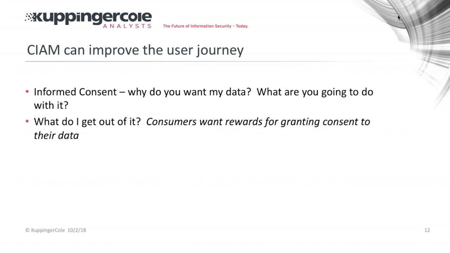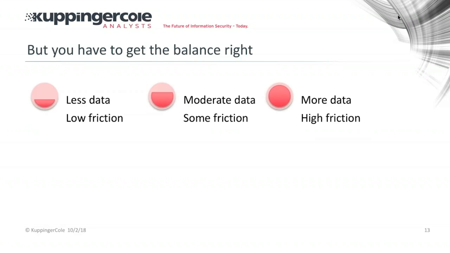This can be things like discounts, or information that they can use in their experience. But you really have to get the balance right. One of the key concepts that we talk about with relation to consumer identity is trying to provide as frictionless an experience as possible.